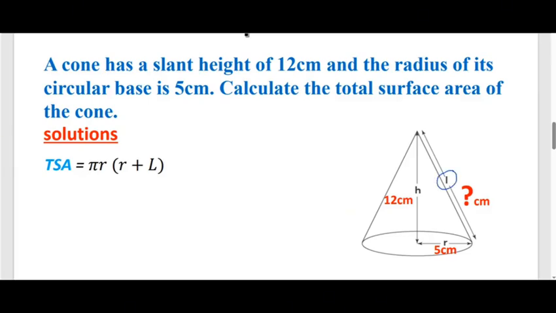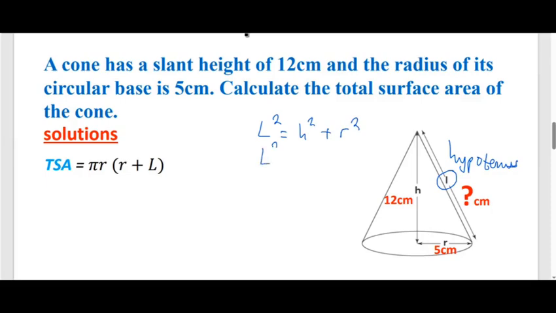To find this slant height, we said we need to use the Pythagoras theorem because the slant height is the hypotenuse. Okay, so when you are finding the hypotenuse, you find the sum of the squares of these two adjacent sides. So we are going to say L squared is equal to h squared, which is the height. Then we add it with what? The radius, so r squared.